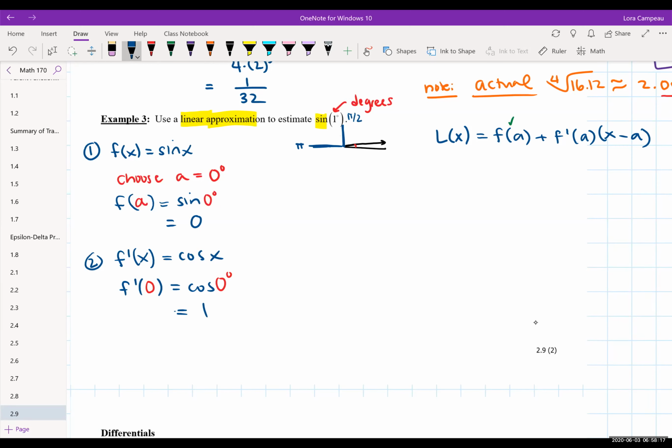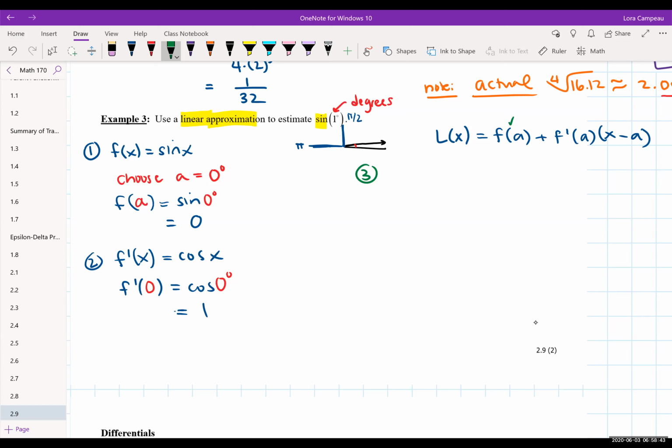So when we're playing with step 3, you're trying to find the linearization. We're finding the linearization at x equals a. Okay, so let's plug in what we know.